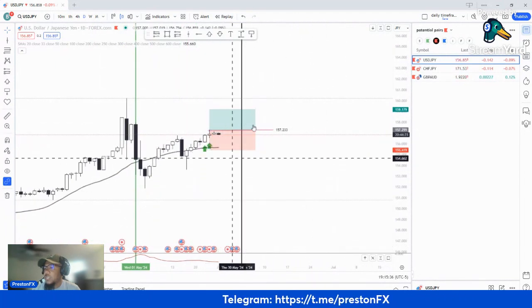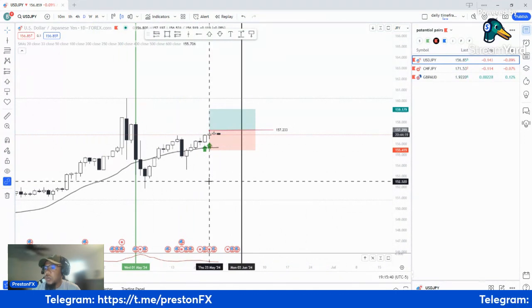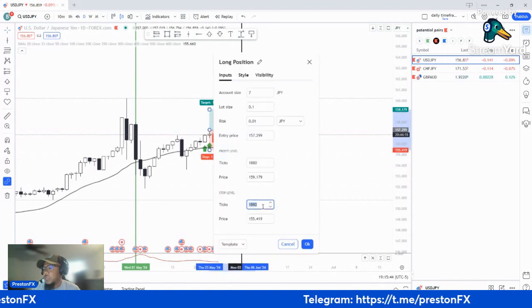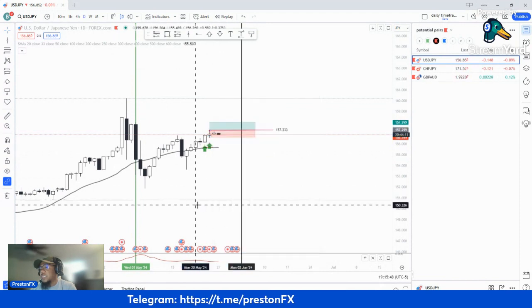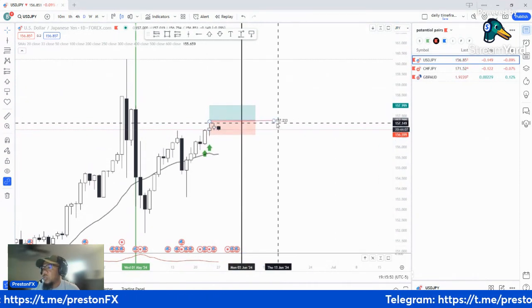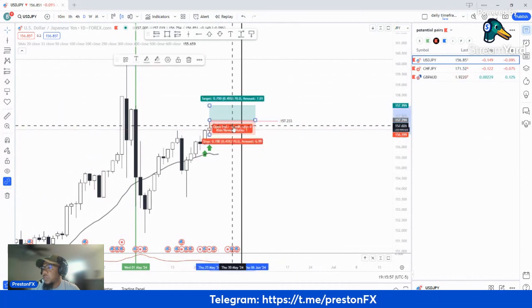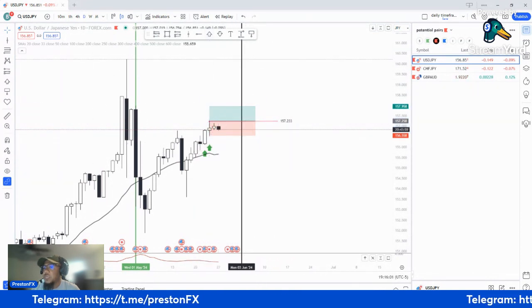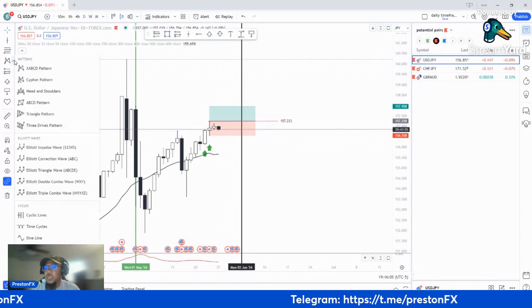Now let me look at the ADR. I would look at about 70 pips based off the ATR, and I would do a 1-for-1. So if this were to break right here and push up, we would see where it goes.